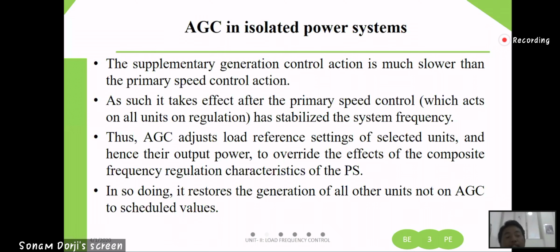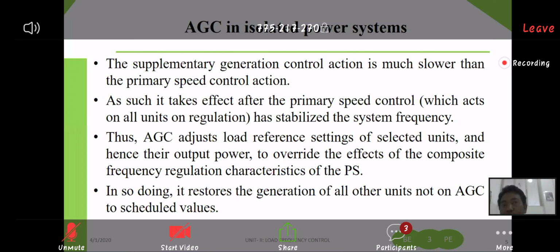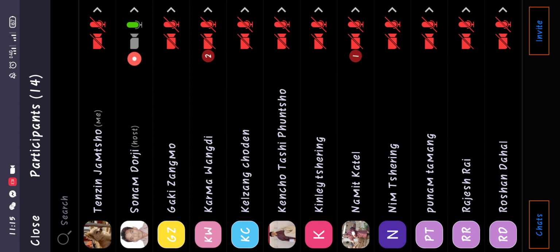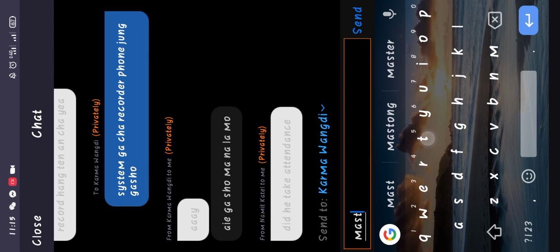This AGC will adjust the load reference setting of the selected unit, and their output power, to override the effect of the composite frequency regulation characteristic of the power system.